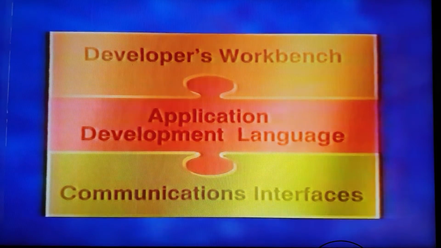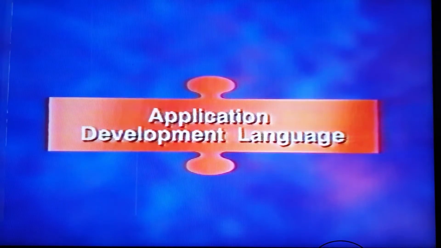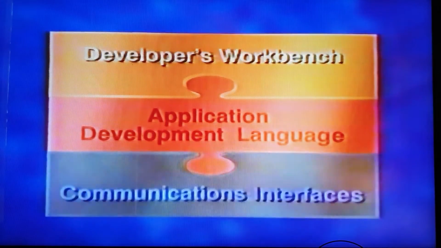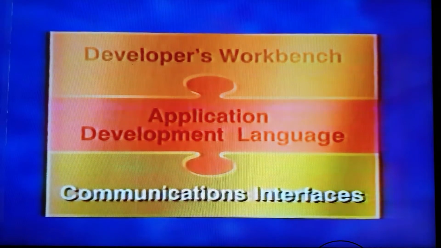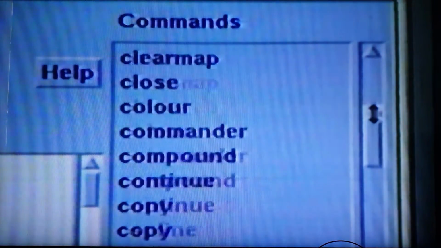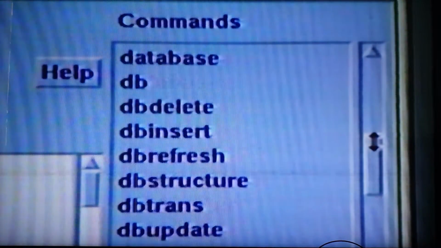Mosaix is made up of 3 core sections: the application development language, the developer's workbench, and communications interfaces. At the heart of Mosaix is the rich application development language, based on an extensive set of powerful functions and commands.